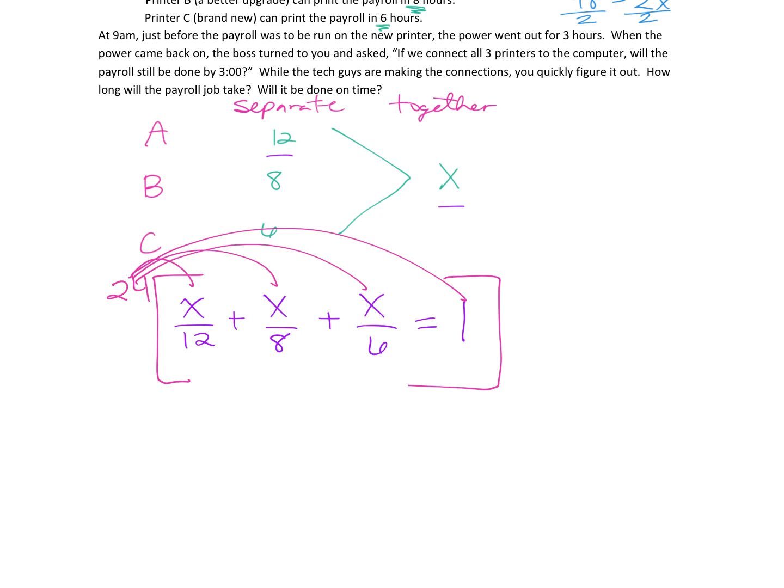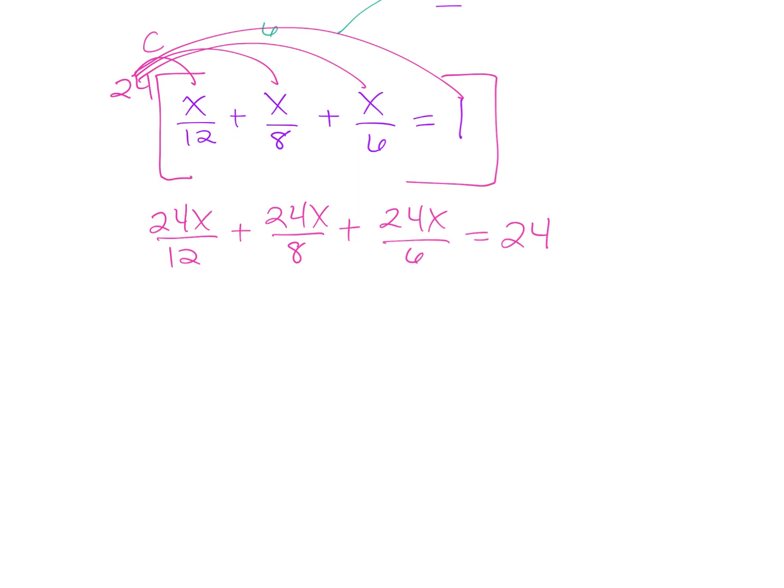So 24x over 12 plus 24x over 8 plus 24x over 6 equals 24. Now we simplify.